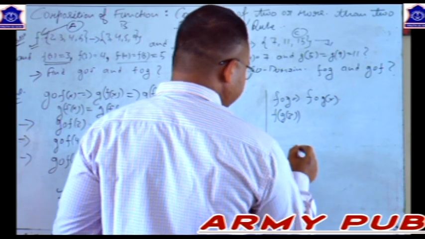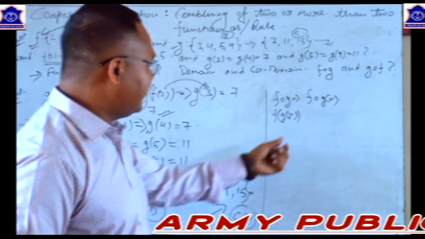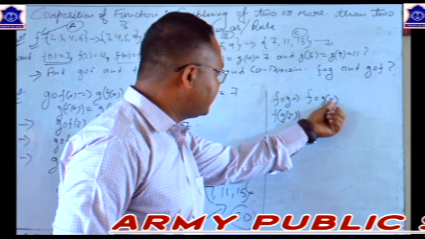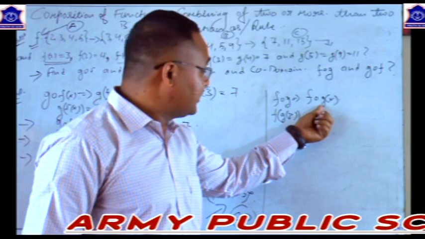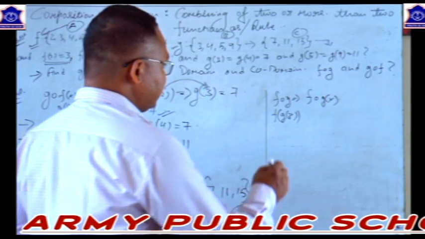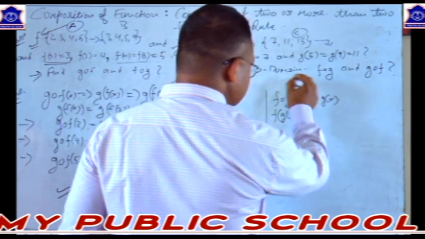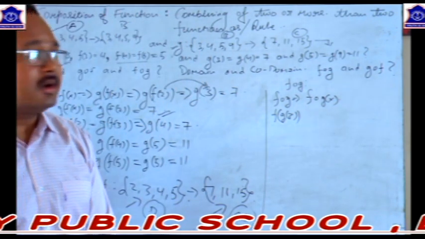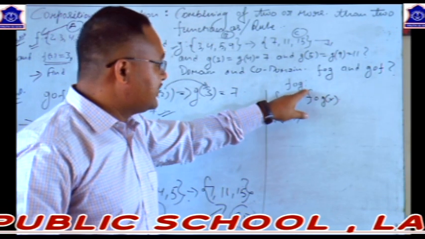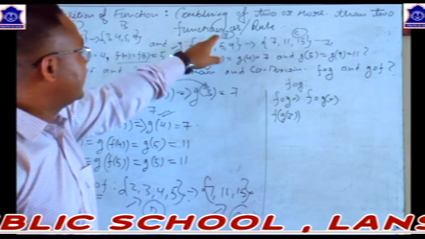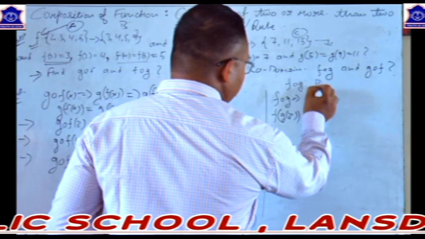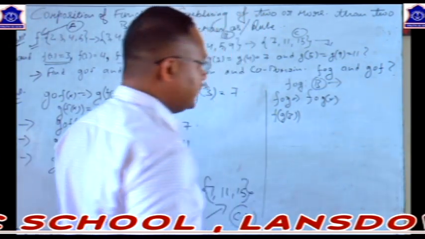And from here one thing is clear: when we are giving the values to this x from the domain of the function g, the domain of the composed function fog will be the same as the domain of the second function, that is g, which is set B.